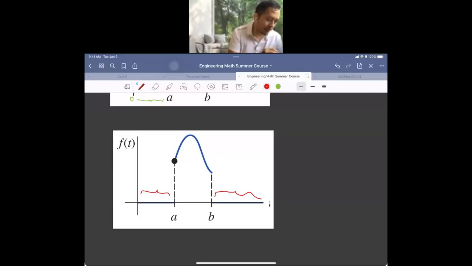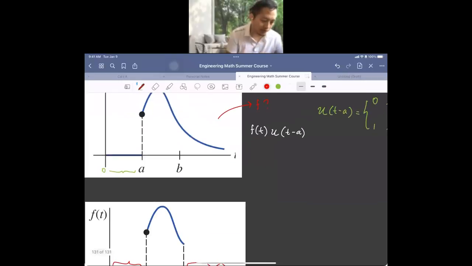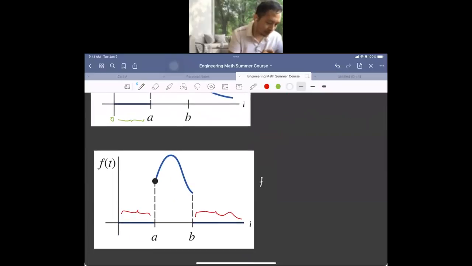For the first case, up until b, it's the same as the previous one, so we can write f of t, Heaviside of t minus a. And then for the next part, remember that it's getting 0, so we can multiply and we can subtract with its function.